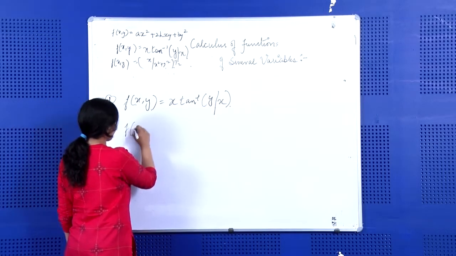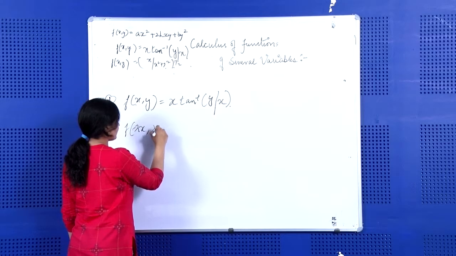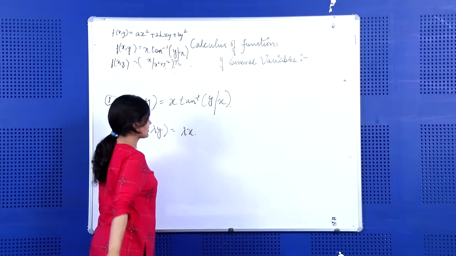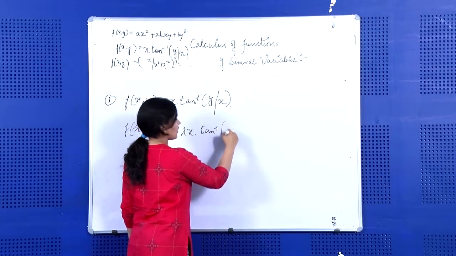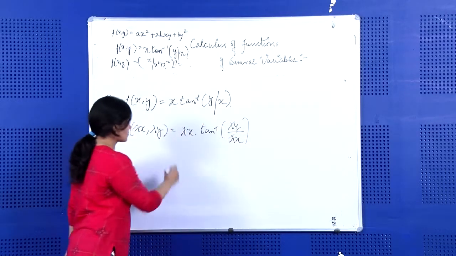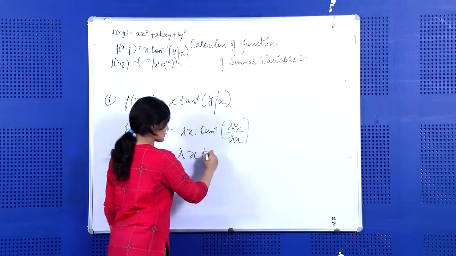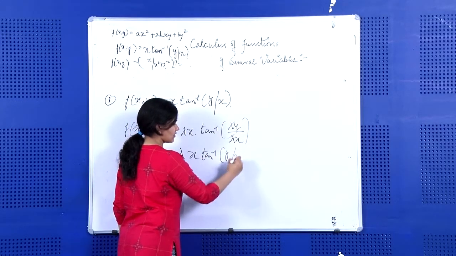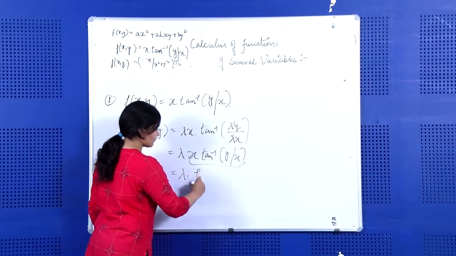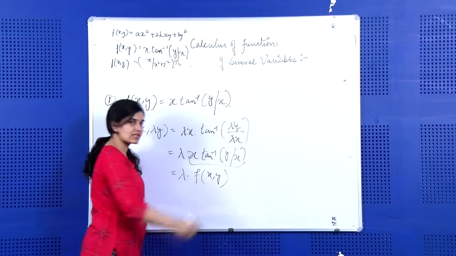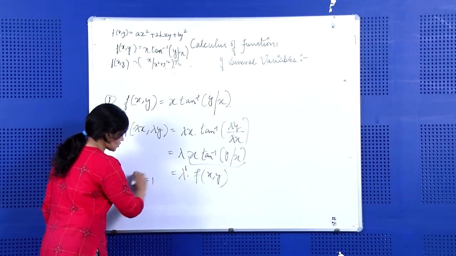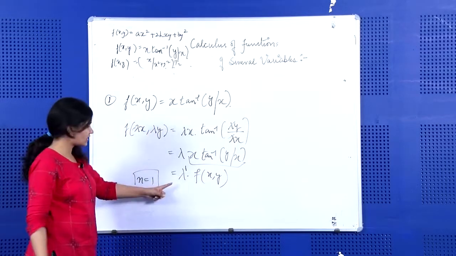So, multiplying x with lambda, y with lambda. x will be replaced with lambda x, y will be replaced with lambda y. Lambda will be cancelled out in y by x. So, we are left with x tan inverse y by x, and we can notice it is the same f of x y. So, we can say it is lambda into f of x y. It is homogeneous, and the degree is the power of lambda, that is 1 here. So, here n is equal to 1. So, we can say it is homogeneous of degree 1.